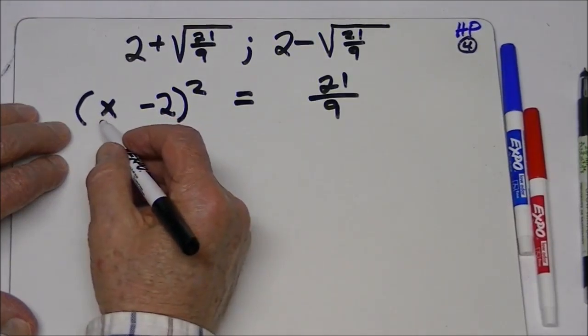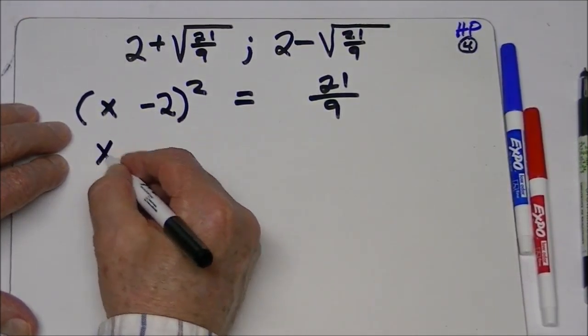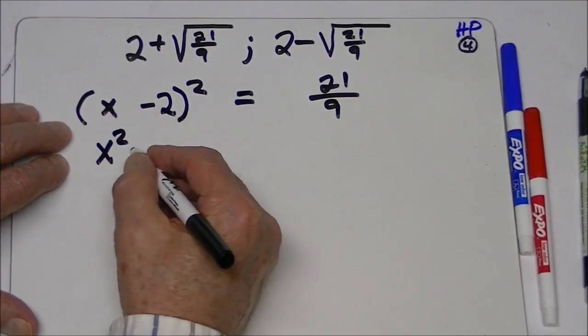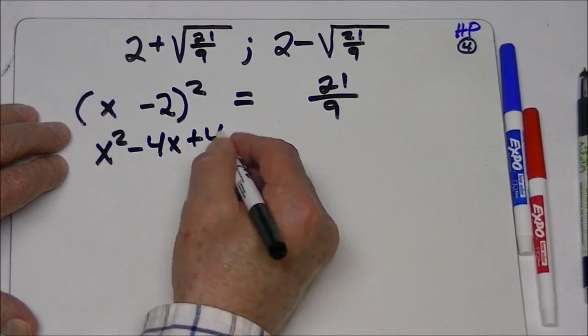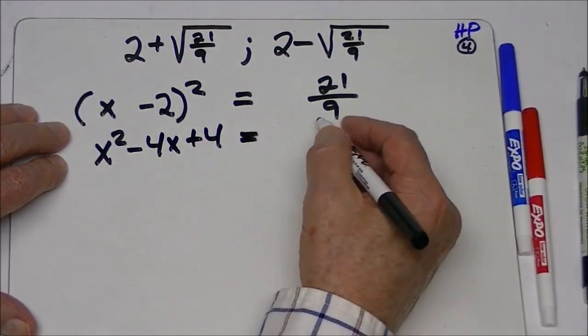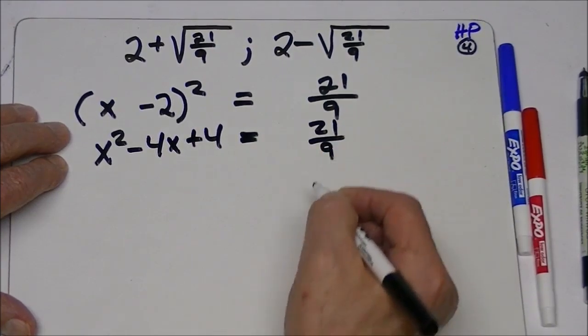So we're actually going to expand this into its form of x squared minus 4x plus 4 equals 21/9.